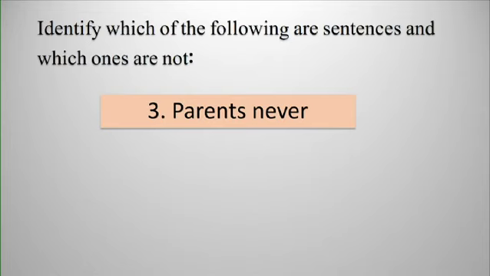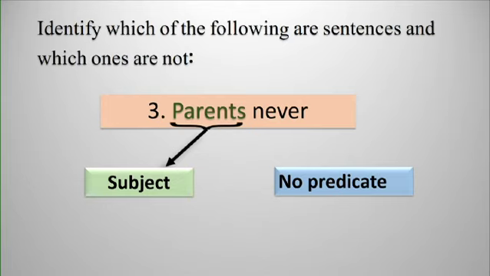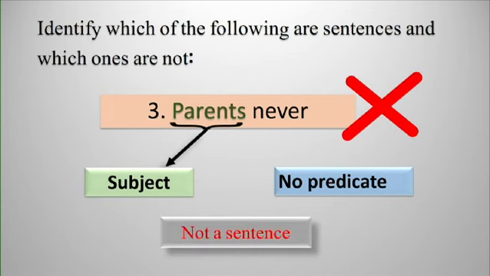Parents never. We have a subject, parents, but no predicate, no verb. Can we call this group of words a sentence? No, we cannot call this group of words a sentence. It does not have a predicate.